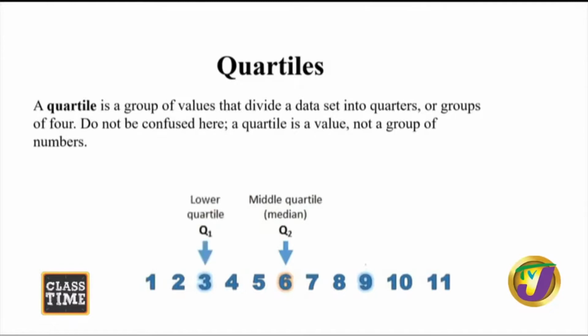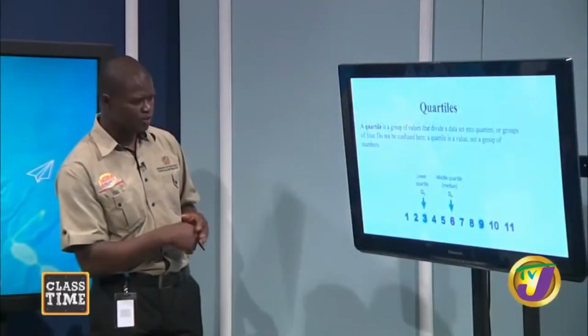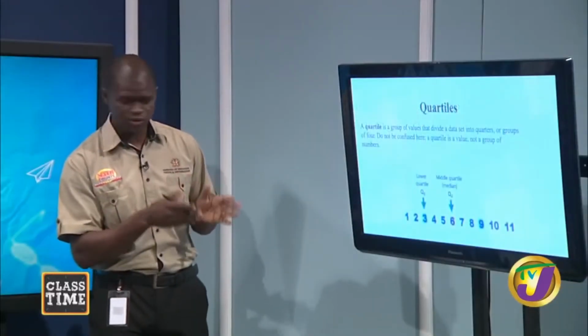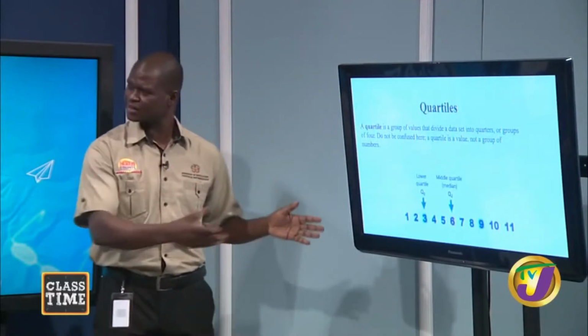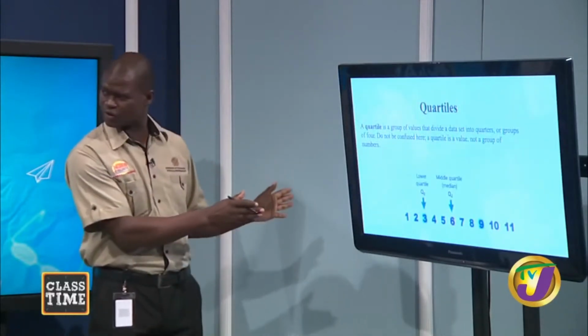As you have mentioned, the 6 would divide the data set into halves, which really are 2 quarters. Now to the left, we can also divide that data set in half. So here we see that the 3 would fall right in the middle. So the 3 would be like the median for that left side of your data set.